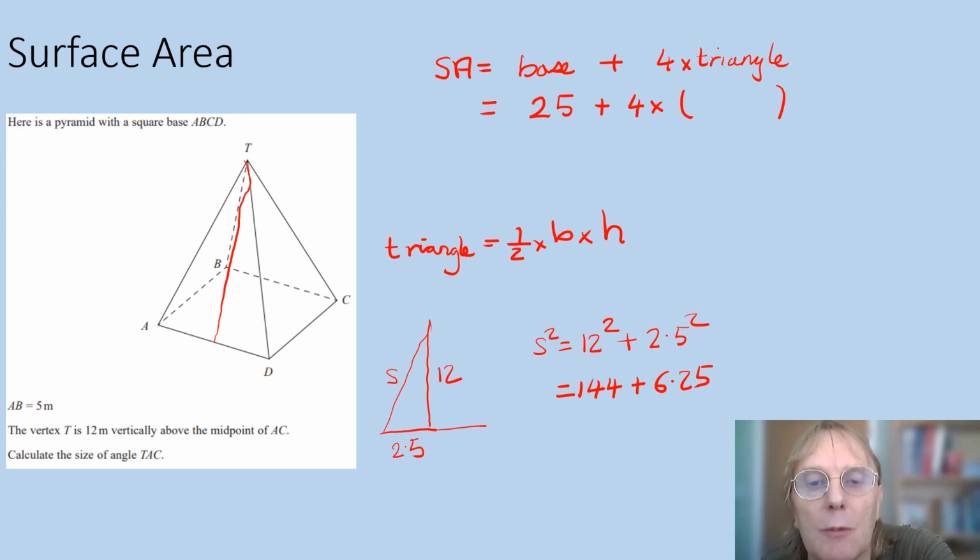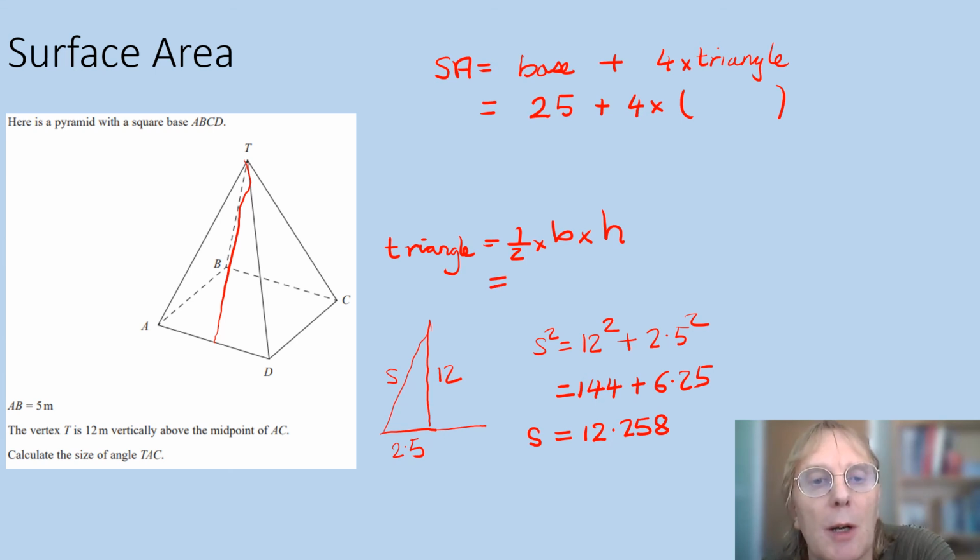So that's 150.25. We're then going to square root it. S itself is going to equal 12.258. Okay, so we've got the length of S, so we can put that into our triangle.